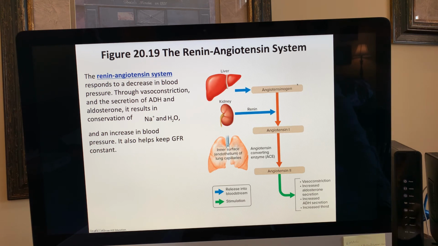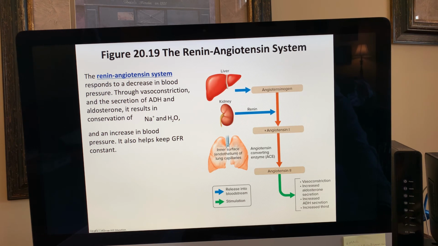And remember, I said anything that ends in OGEN is an inactive precursor. Angiotensinogen is an inactive precursor substance that's produced by the liver, and it's floating through your bloodstream right now. It just minds its business as an inactive substance until it comes across renin. And when it comes across renin, it is then changed into angiotensin 1.